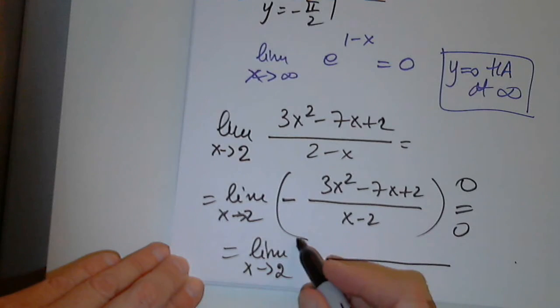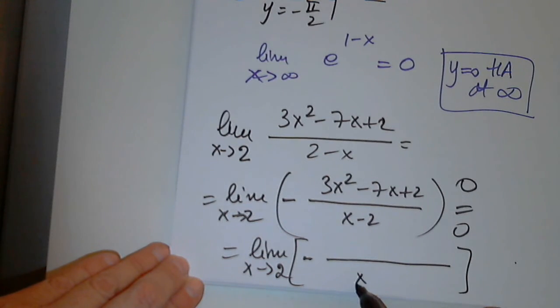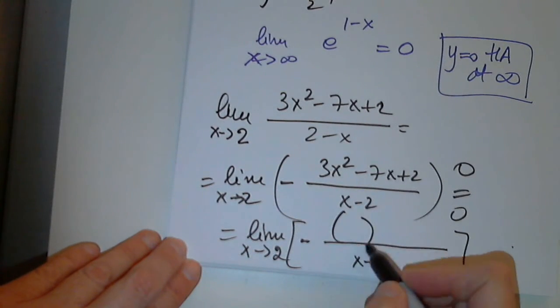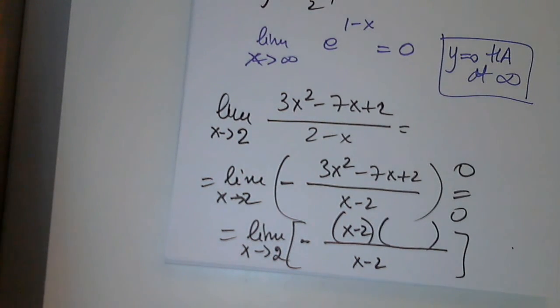X minus 2. Very, very good. Knowing that, see how important this is to have knowledge of what's happening? Once you know what factor creates 0 over 0, you can already put it in. So now the whole thing is much easier.